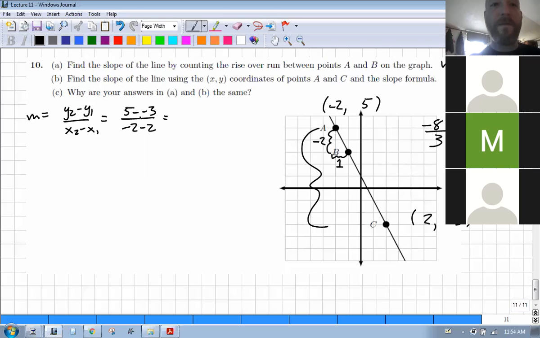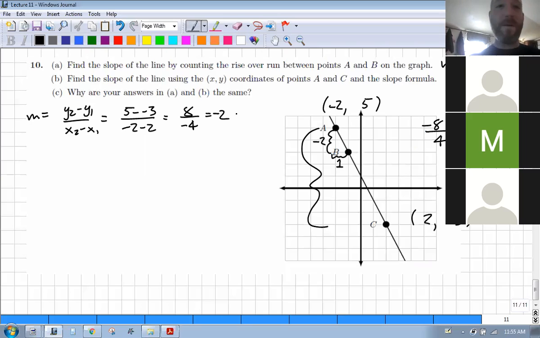So 5 minus -3 is 8 on the bottom. Oh, what did I do? I'm getting a -2. I counted wrong over here. Should be the same thing. I should have -2. So 3, yeah, that's 8. Okay, from here to here is 4.